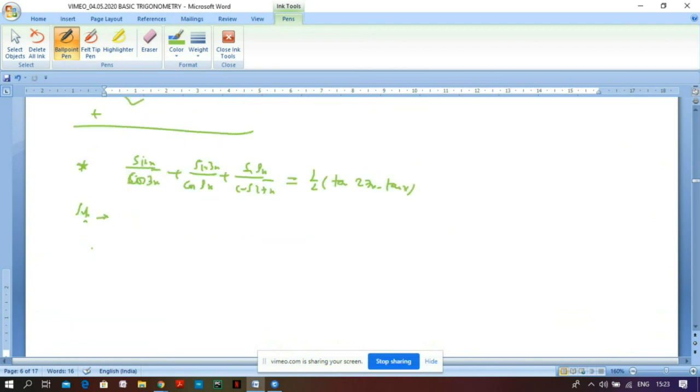Now again, 1, 3, 9, 27 looks like a GP, so we have to form it in some suitable manner and simplify.